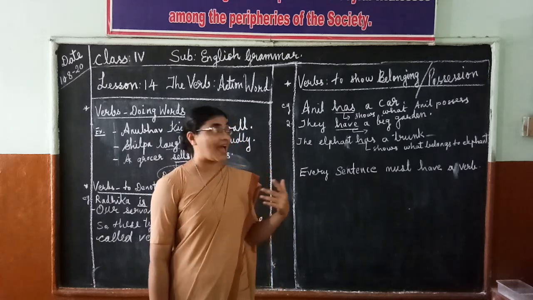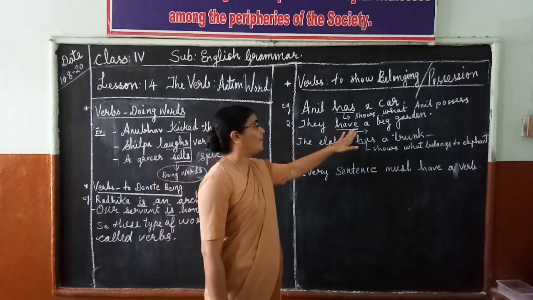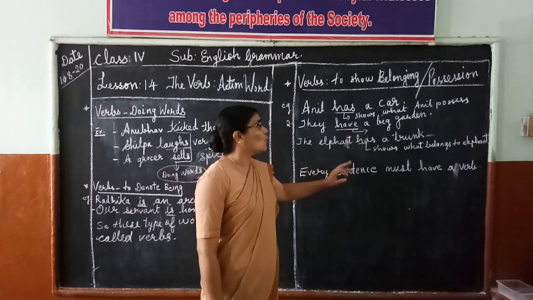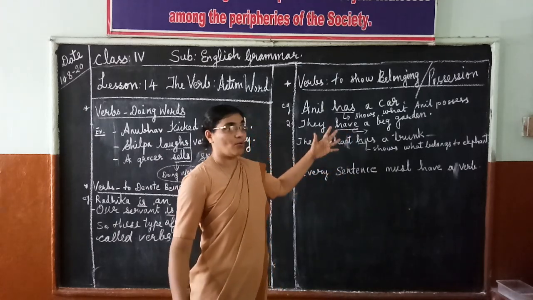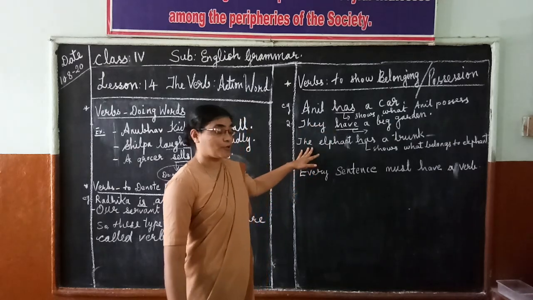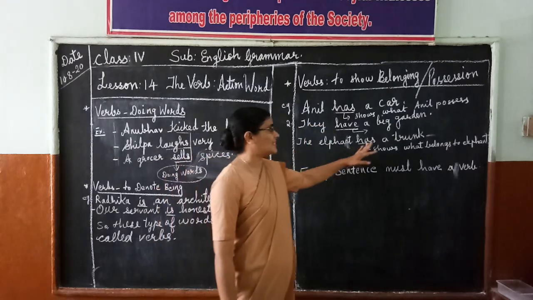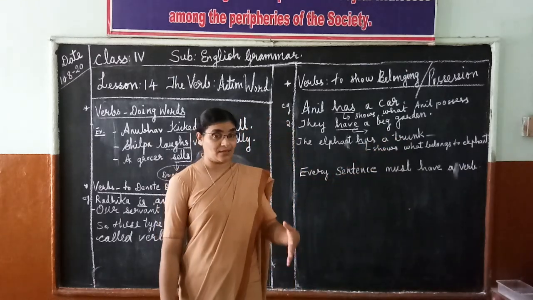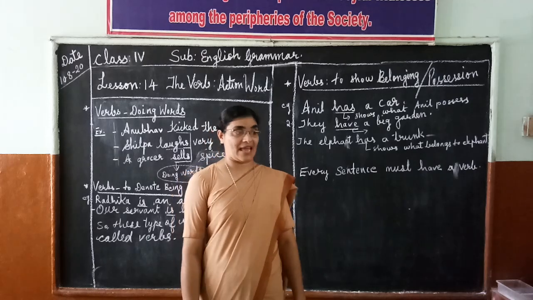They have a big garden. The word have shows what they possess. The elephant has a trunk. It shows what belongs to the elephant. The trunk belongs to the elephant.